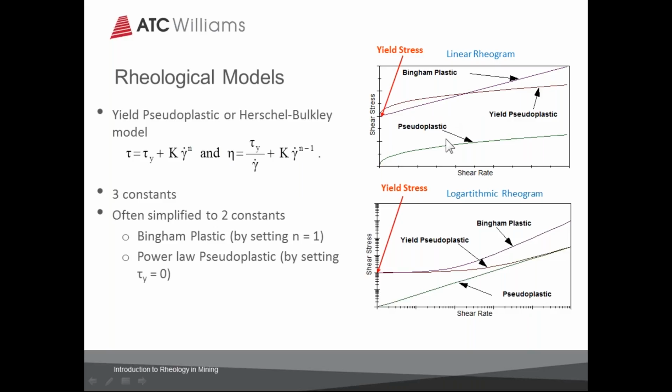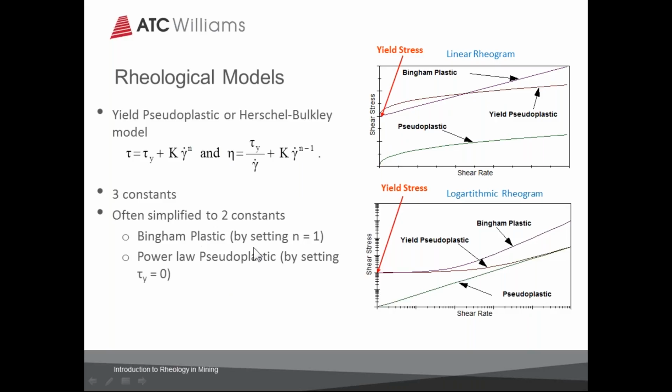What I've shown here, for convenience, is the same diagram, but with logarithmic axes. And we see how the different shapes are formed. We can take this equation, which has three constants in it, and simplify it down to two constants. The Bingham plastic is obtained by setting n equal to 1, which gives us a yield stress and then a straight line relationship.